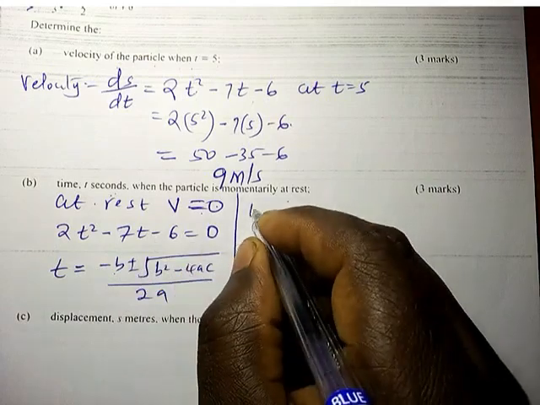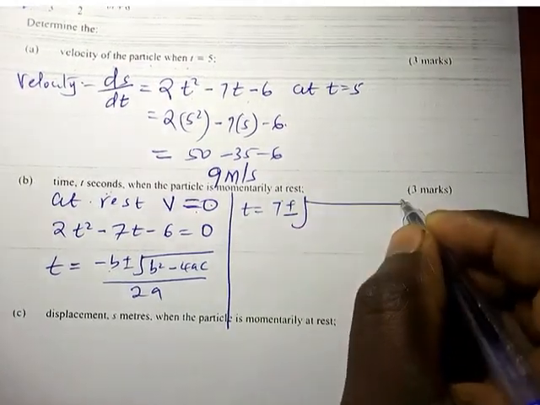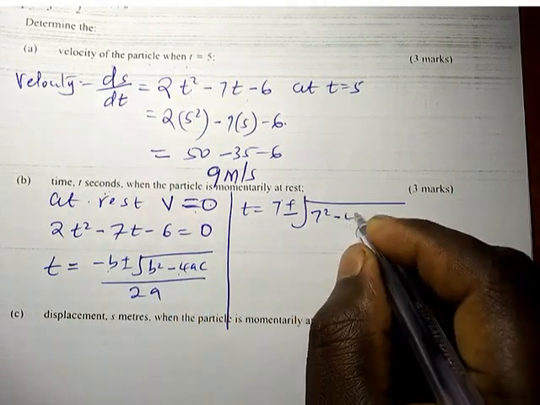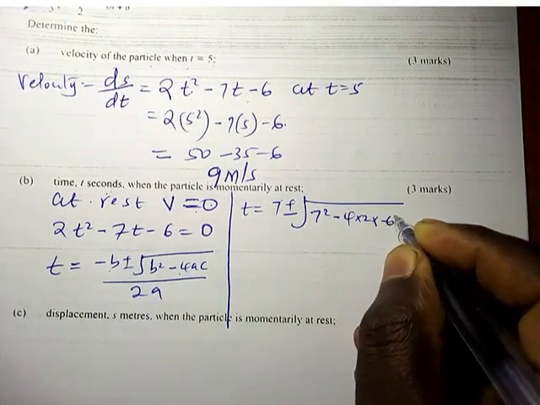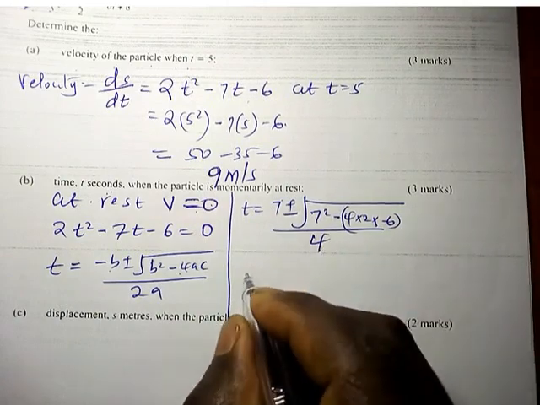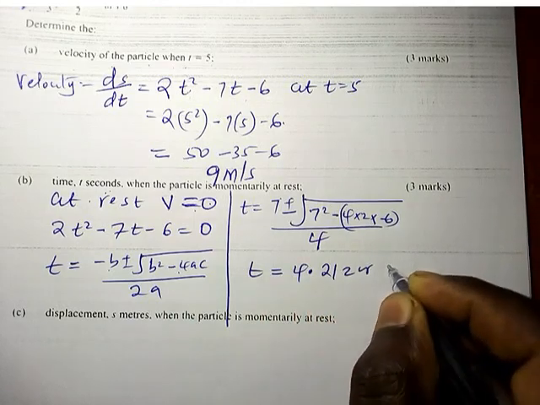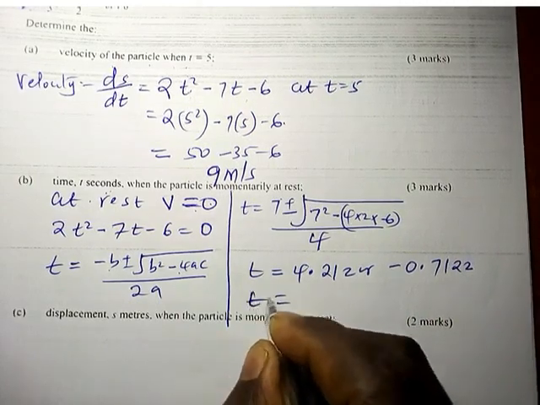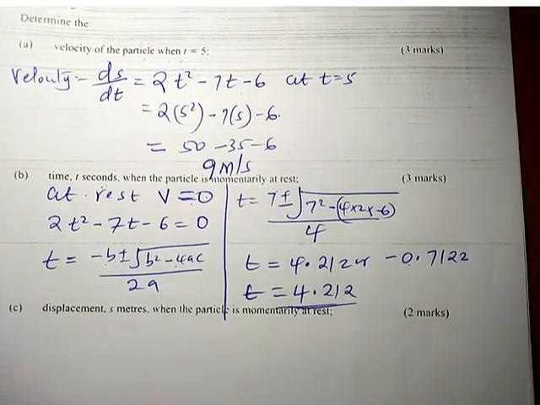So t equal to 7 plus minus square root of 7 square minus 4 times 2 times negative 6, divided by 4. This one gives you t equal to 4.212 or negative 0.7122. So time will not be negative, therefore the time will be 4.212 when it is at rest.